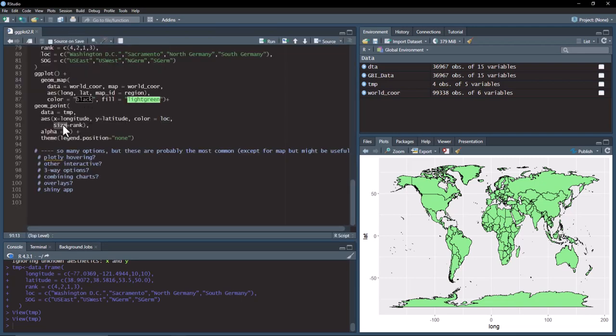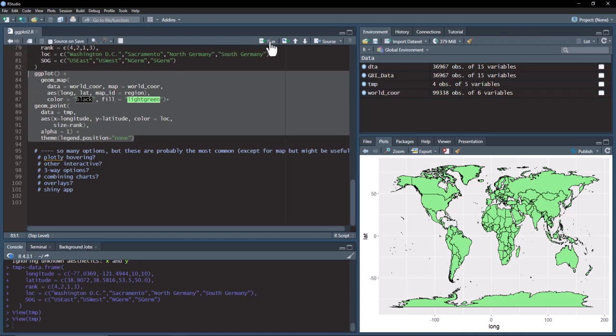And the size we're going to make of the circles is by the rank. So I made the largest one the largest rank. Alpha gives us how transparent it is. 1 is not transparent. And then we're altering the theme. That's where we're putting the legend. I'm just going to remove the legend so it doesn't show up there.